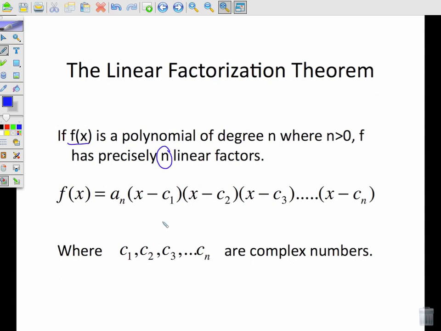And then you can write your expressions like this: x minus each of these zeros, x minus c sub 1, x minus c sub 2, and so on. Your c1, c2, c3, and c sub n here just represent your possibly real solutions or complex numbers, because we may find that we have some imaginary solutions.